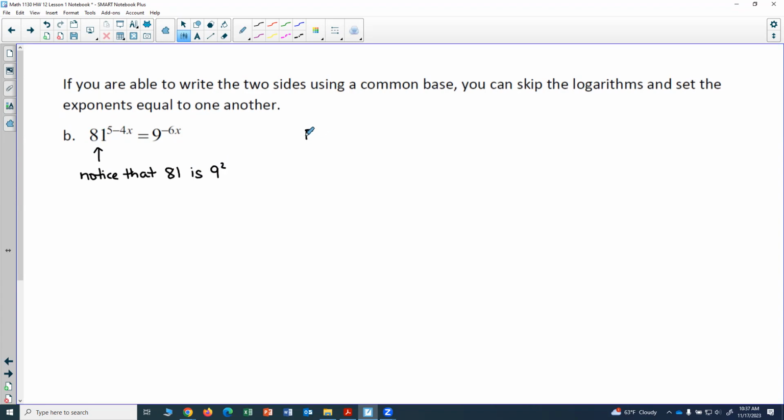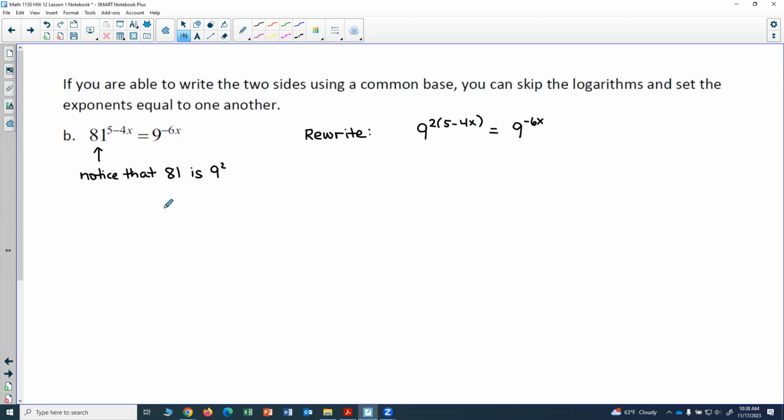So I'm going to rewrite the equation as 9 squared, and then in the exponent next to the square is going to be the 5 minus 4x equals 9 to the negative 6x.